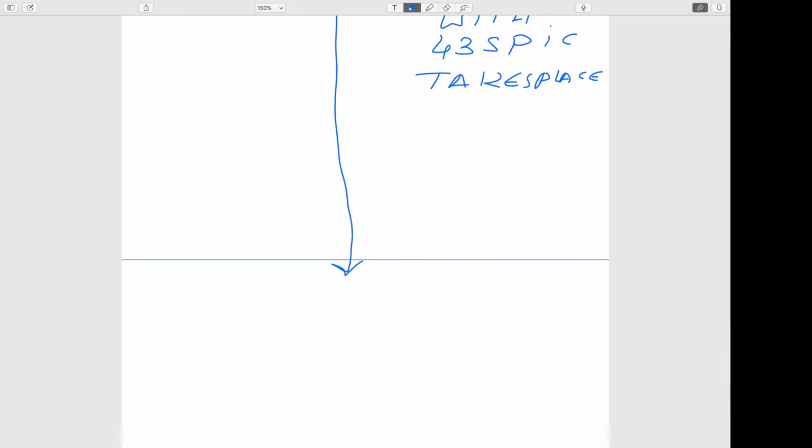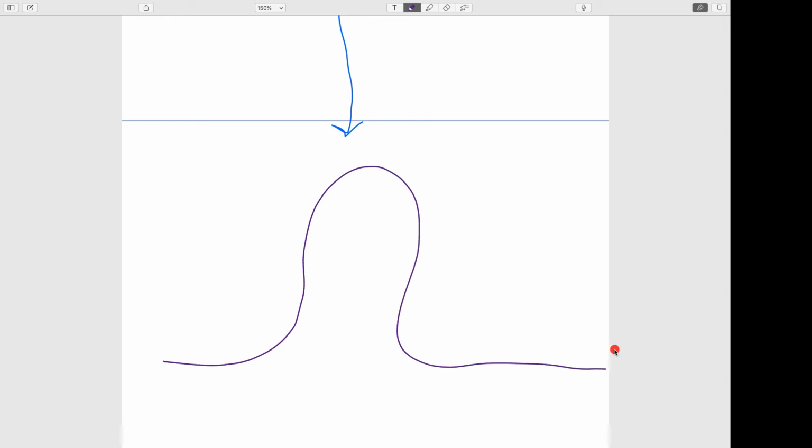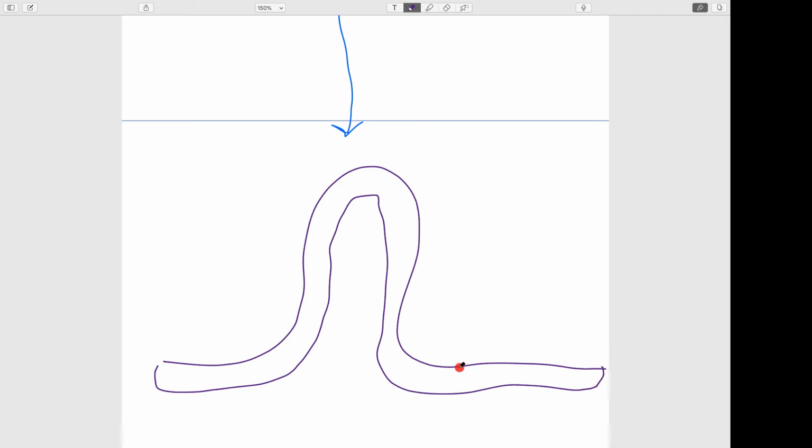Again, let me draw the messenger RNA along with the various factors. This is the messenger RNA. Changes have taken place. Then AUG, then this is the cap.